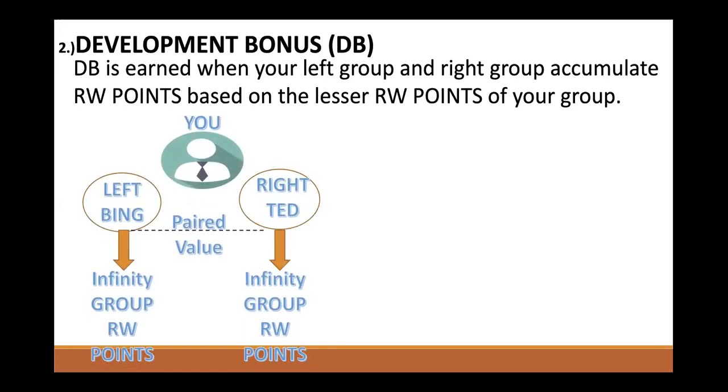All right, now. Okay, so let's say this is you. On your left, you have Bing. On the right, you have Ted. So you have the paired value, infinity group of RW points, infinity group, meaning no matter how many levels down, as long as that group, that level issues a diamond, the points will be accumulated all the way up.